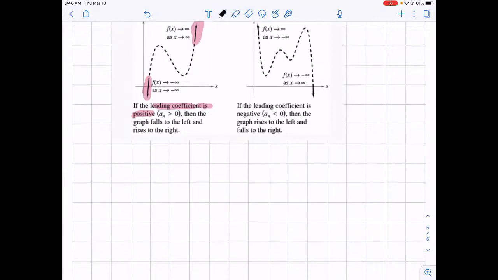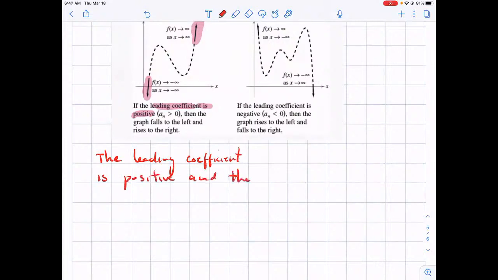So two things to note here: the leading coefficient is positive and the degree is odd.